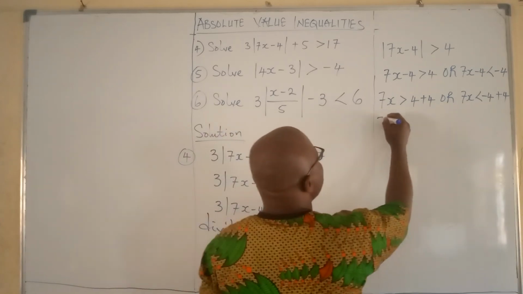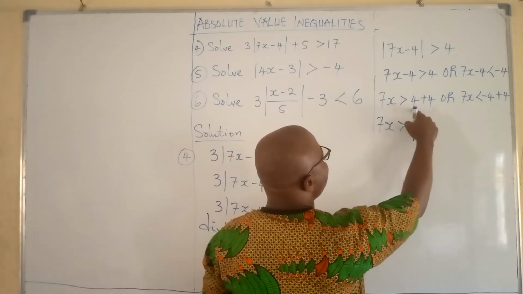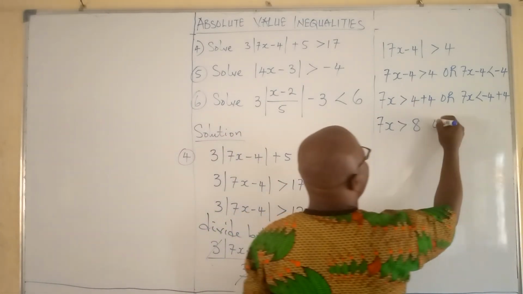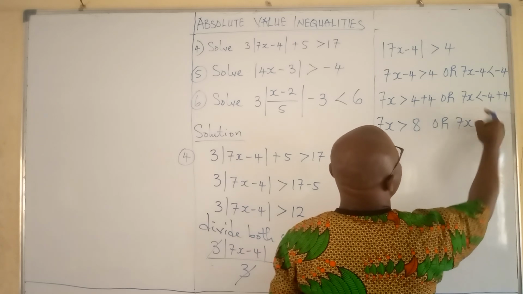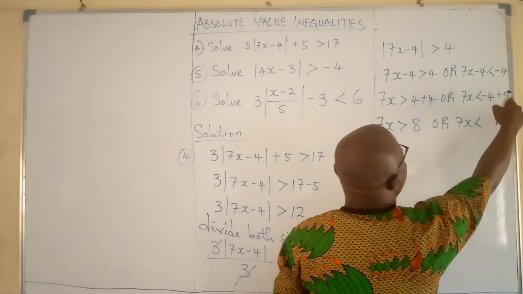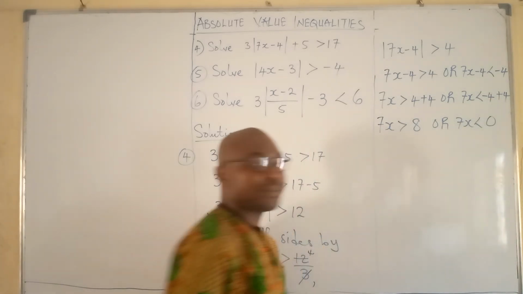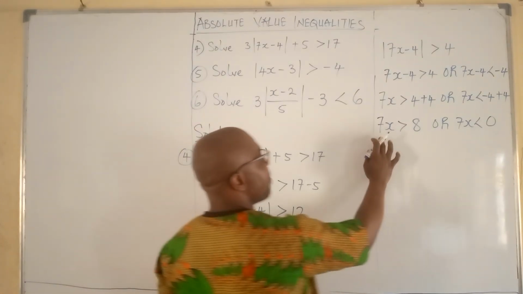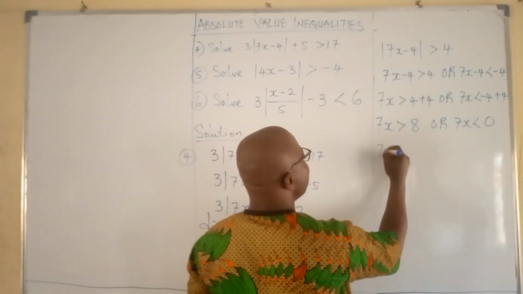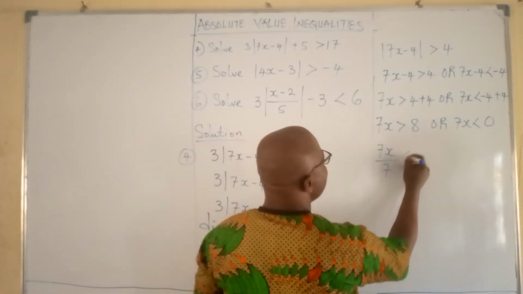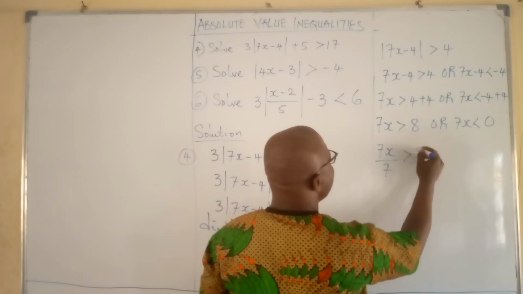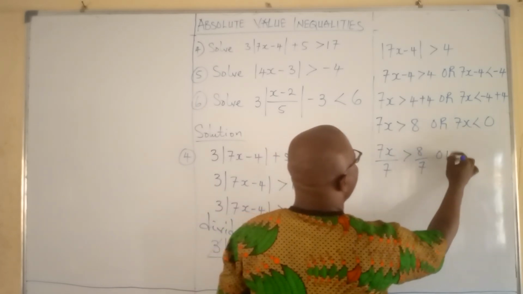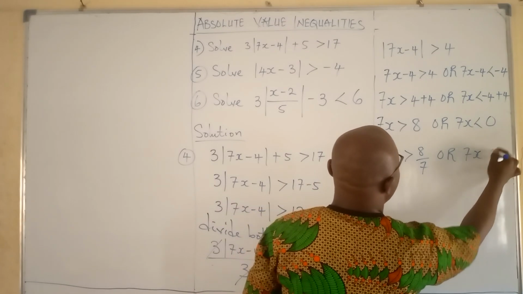So 7x is greater than 4 plus 4, which is 8, or 7x is less than minus 4 plus 4, which is 0. If we divide both sides by 7, we have 7x over 7 is greater than 8 over 7, or 7x over 7 is less than 0.